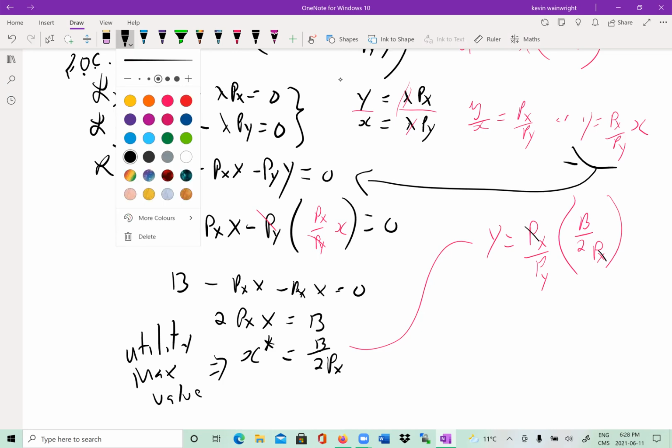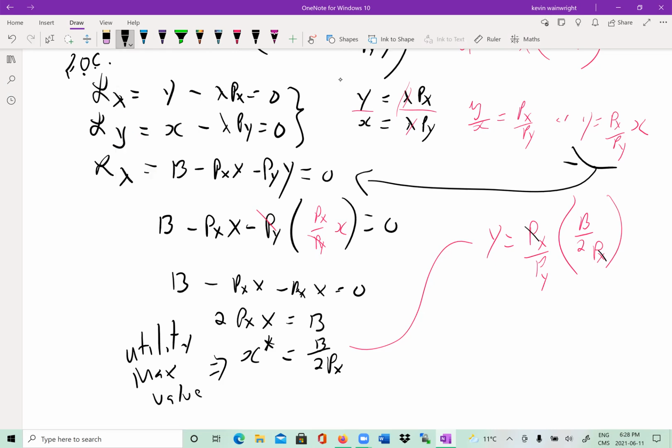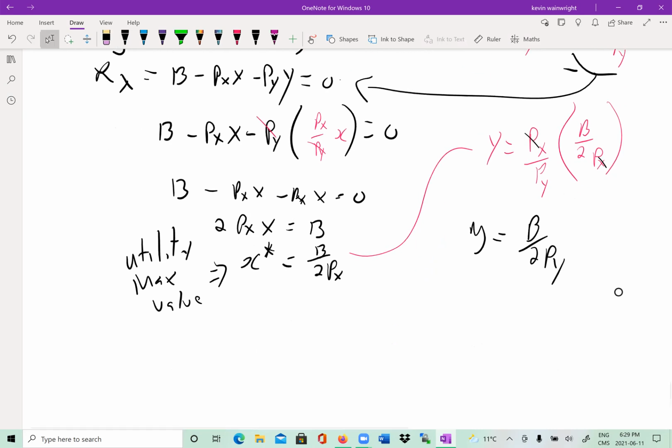And I'm left with y equals b over 2py. Okay. So this represents the utility max bundle for both good x and good y.